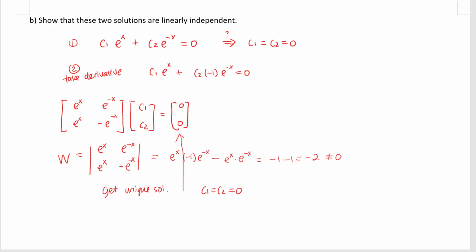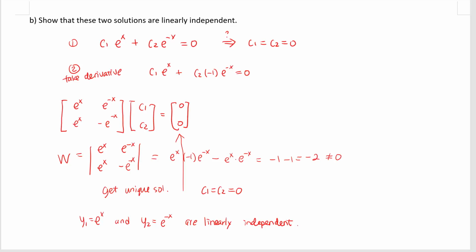So that is why we can say that y1 and y2 are actually linearly independent.